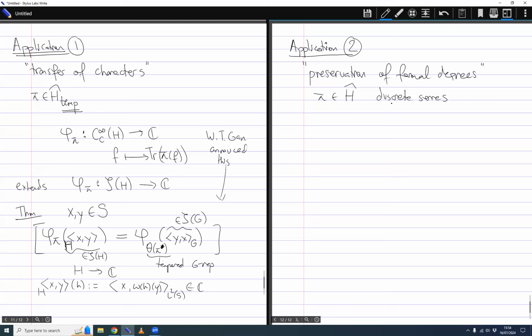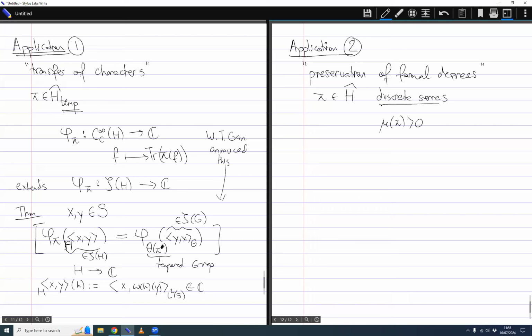Or from the point of view of Plancherel measure, the measure of these is positive, so they're atomic pieces of the Plancherel measure, or topologically speaking, they're isolated points in the unitary dual.